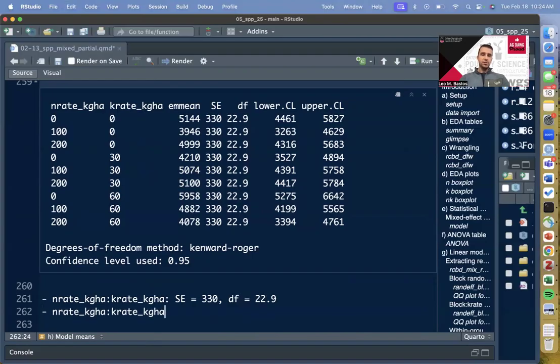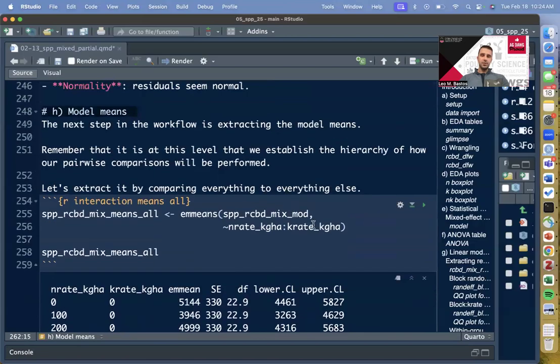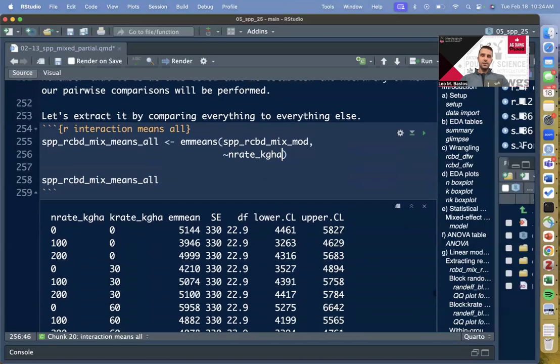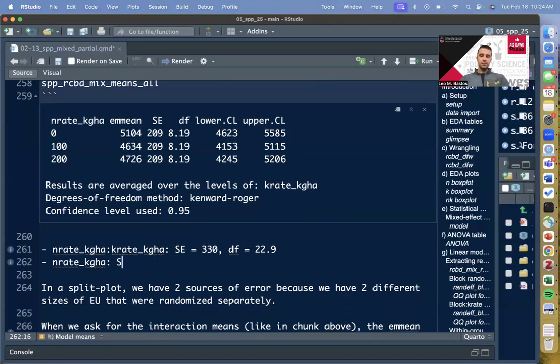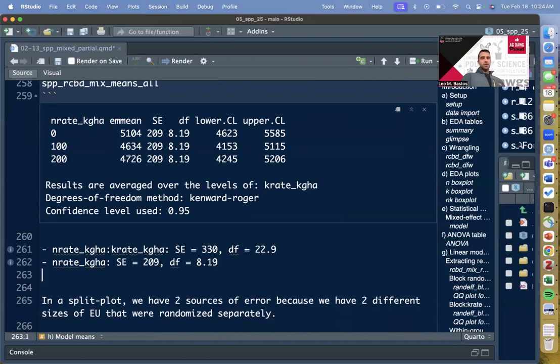Now, if I just do nitrogen rates, let's see how those are going to change. If I just look at nitrogen rates, we get an SE of 209 and degrees of freedom of 8.19. If we do just potassium now, let's try that last one.